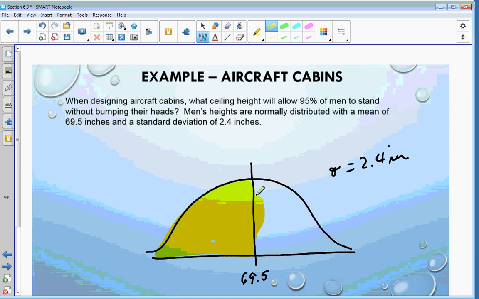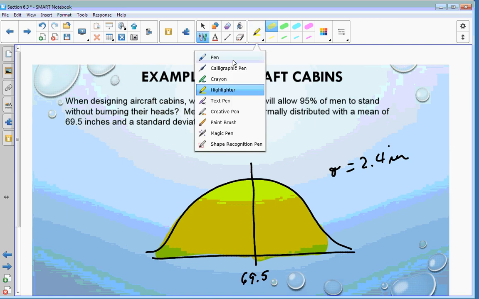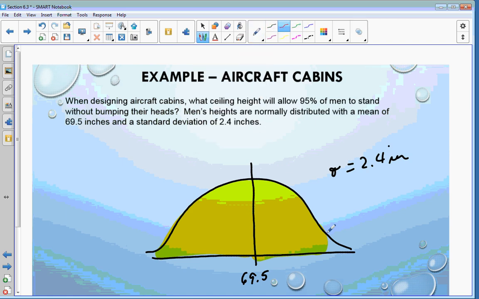So I need to go all the way over, and leave just one small amount over there that's about 5%, right? Because I want all these men to be able to stand. Right there. So this is 0.9500 is the area under the curve. Even though it's 0.95, we still have the two zeros, it is the area under the curve.